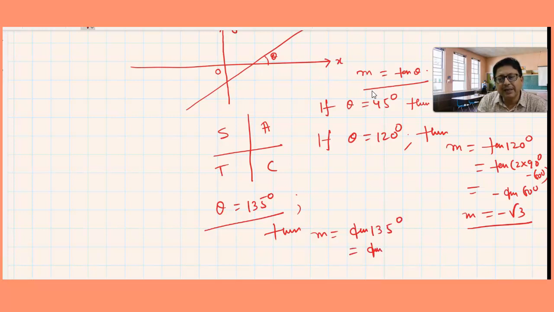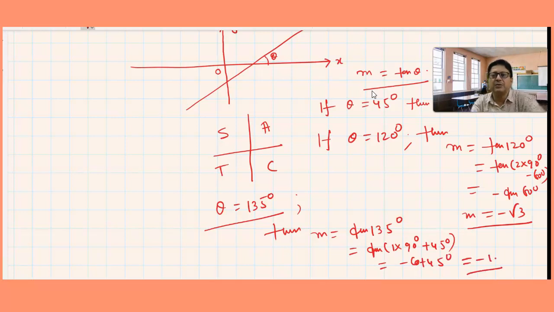This is nothing but tan of 1 into 90 plus 45 degrees, that is minus cot 45 degrees, and the value is equal to minus 1. This way we can find the slope of any line by knowing the inclination of the line with the positive direction of x-axis.